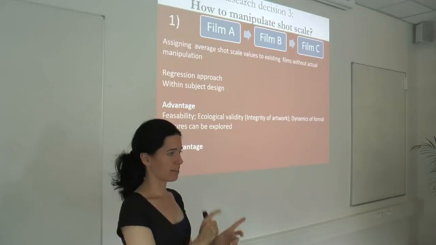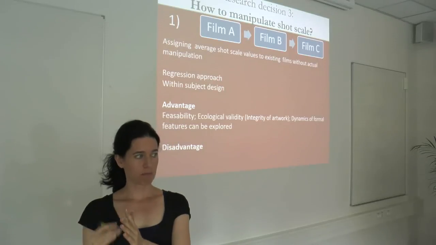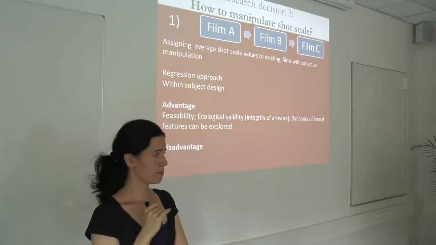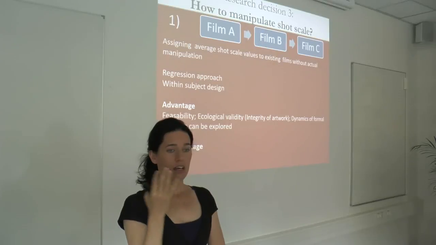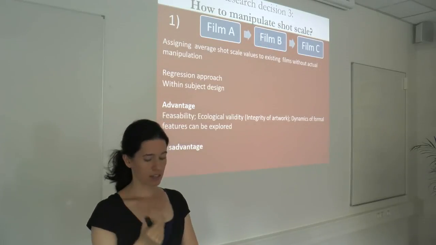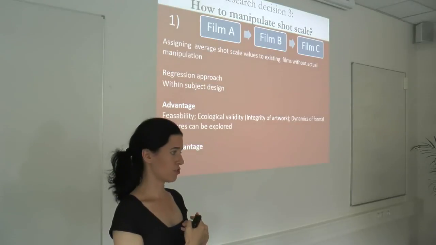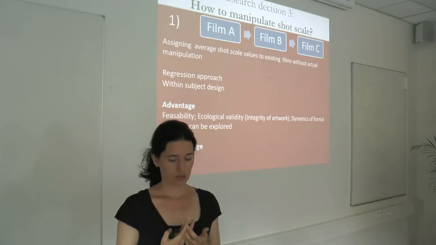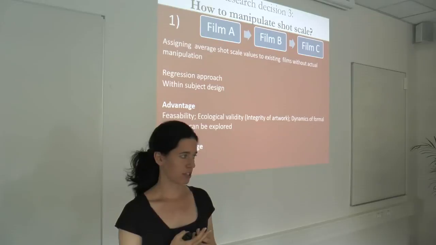Oftentimes when we present our manipulation, when we technically manipulated shot scale, the issue of the integrity of art comes up, whether the researchers should be doing that or whether they should respect the integrity of art.